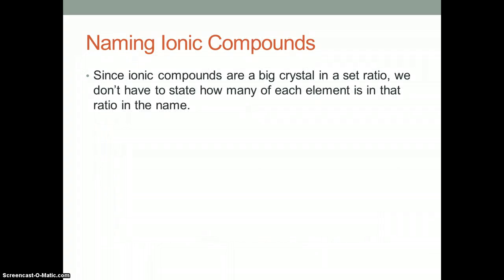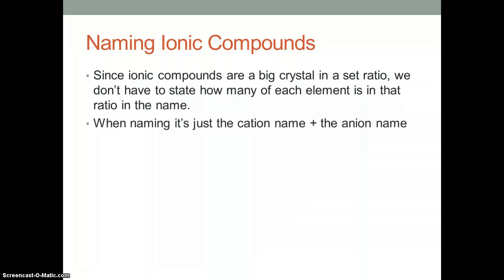So now we know how to name the ions, so now we're going to name an ionic compound. Ionic compounds are just big crystals in set ratios, and so we don't have to state how many of each element is in that ratio in the name. So we just do the cation name plus the anion name.